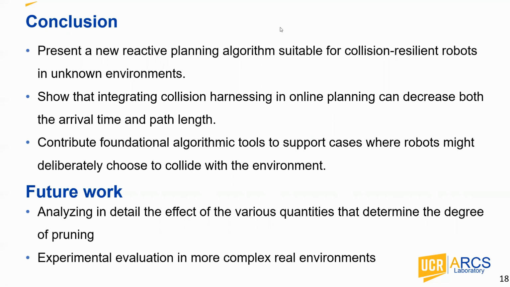We contribute foundational tools to support the cases where robots might deliberately choose to collide with the environment. Future work will focus on analyzing in detail the effect of the various quantities that determine the degree of pruning. We also focus on experimental evaluation in more complex environments.